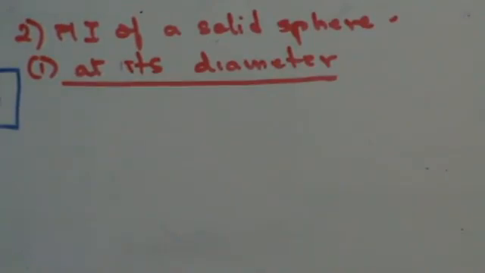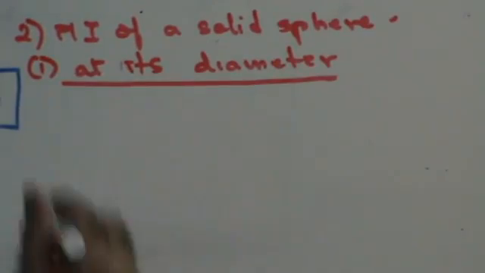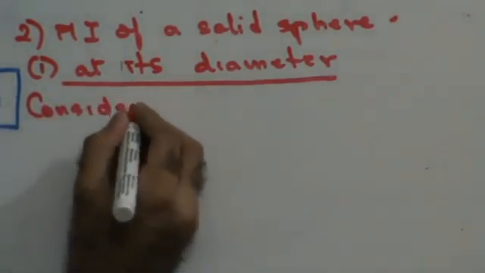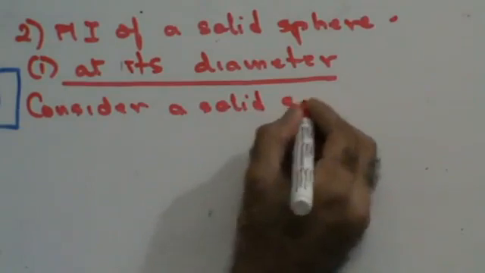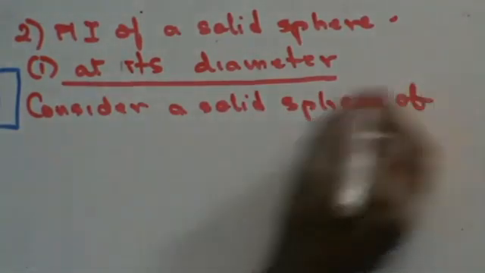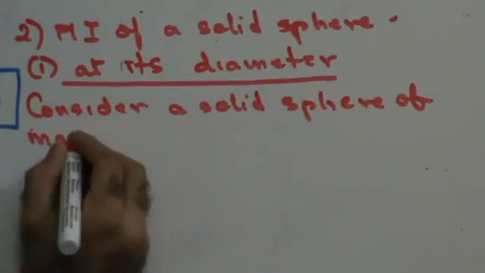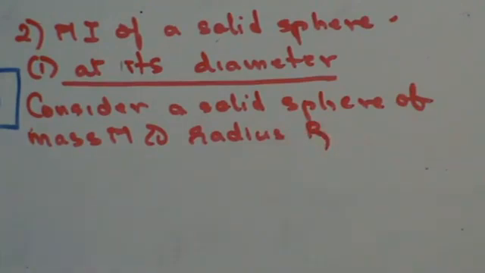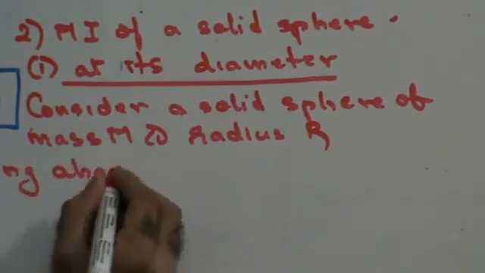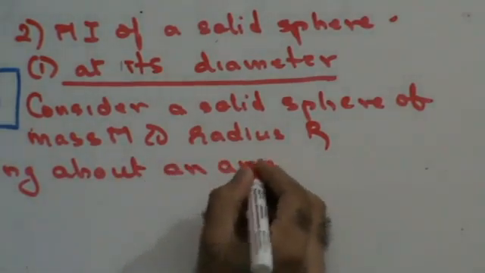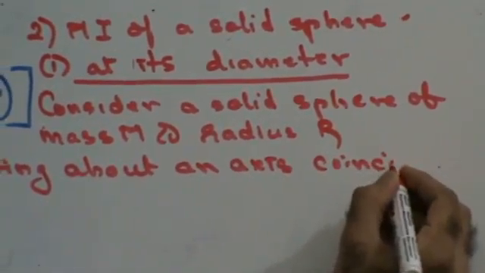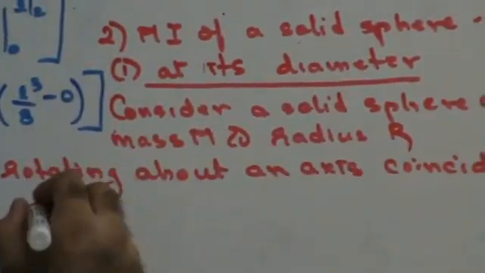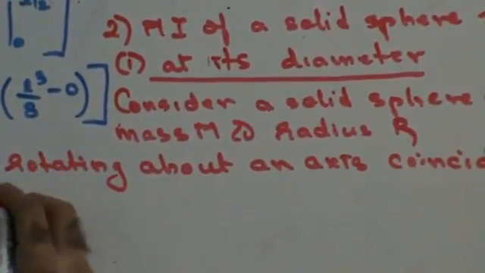Now let's consider a solid sphere of mass m and radius r rotating about an axis coinciding with its diameter.